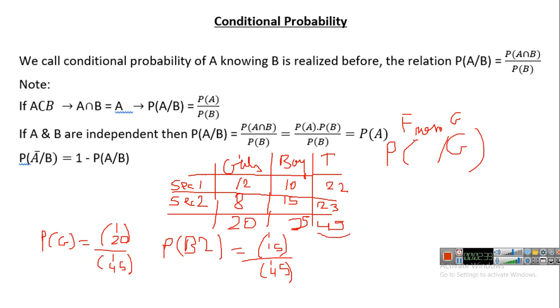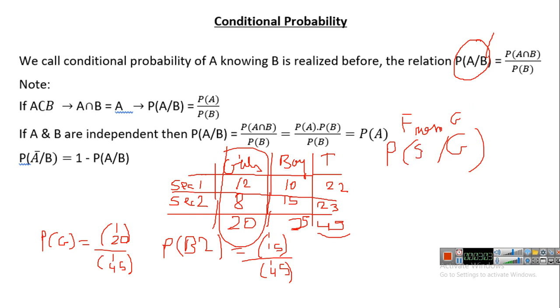I want to go to the group of girls only, not taking into consideration the boys. So in that case, the universe will be the girls. When I say P of A knowing B, B is the universe. It's not anymore omega.